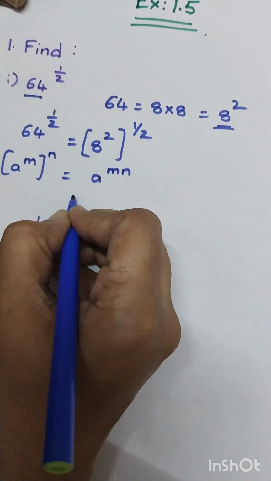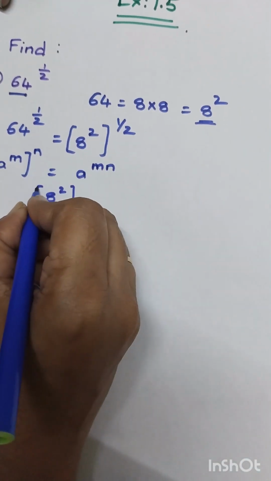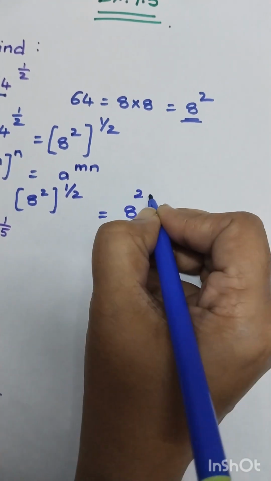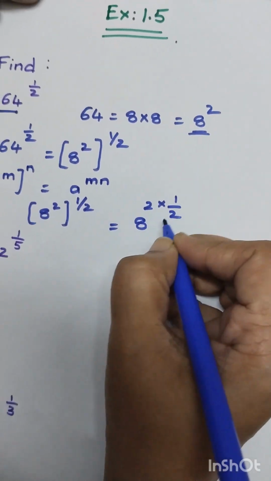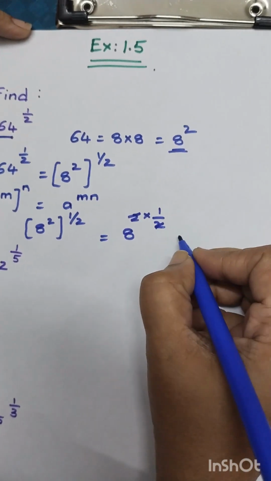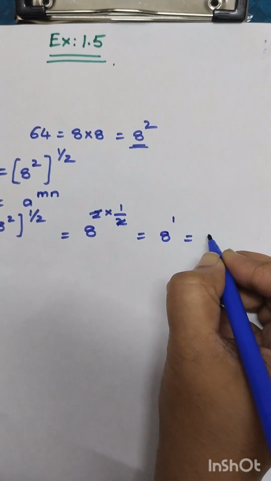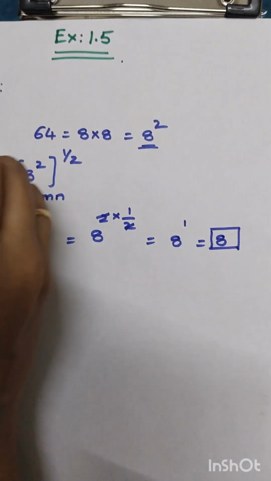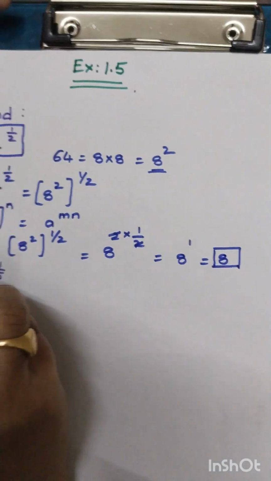So using this identity, we can write 8 square whole power 1 by 2 as 8 power 2 into 1 by 2. Clear? Now 2 into 1 by 2, can we cancel the numerator and the denominator? Yes. So finally we get 8 power 1, that is equal to 8. So the answer is 8. So 64 power 1 by 2 gives 8.